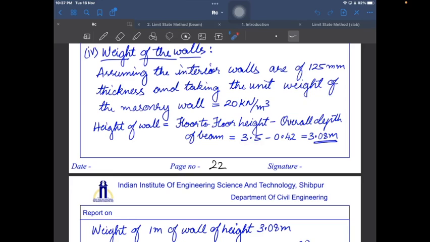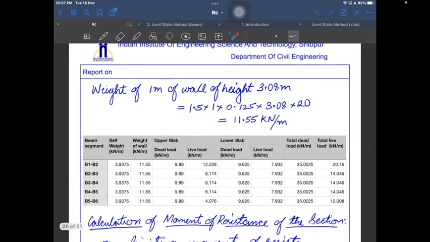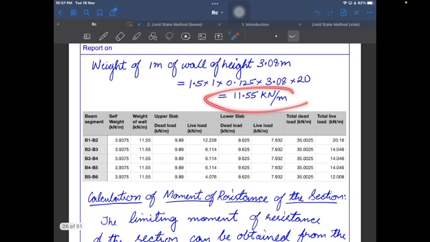For your respective roll number, you will have your own, and based on your overall depth, which you calculated in the very first step, you get the height of the wall. From the height of the wall you calculate 1.5 into 1 meter into 0.125 meter into the height into 20, the unit weight. So you basically get the weight of the wall.